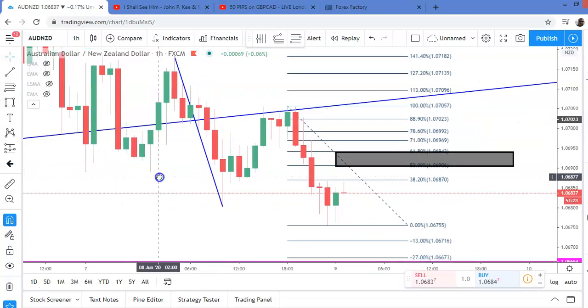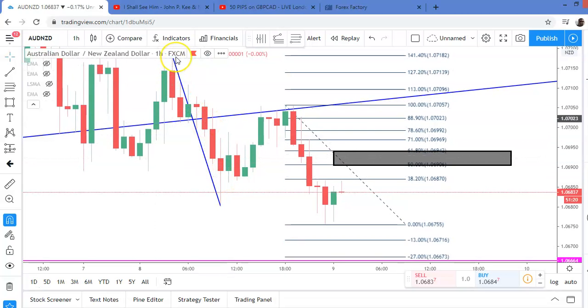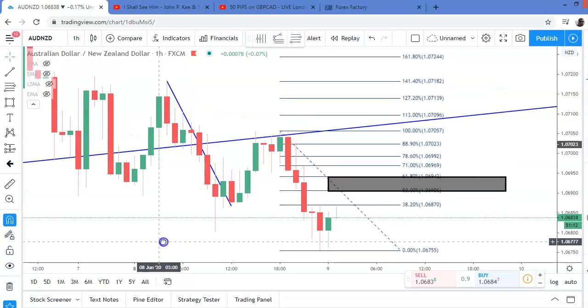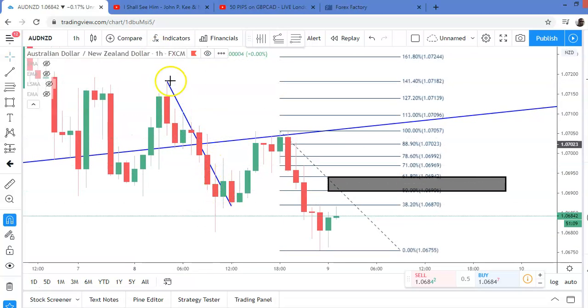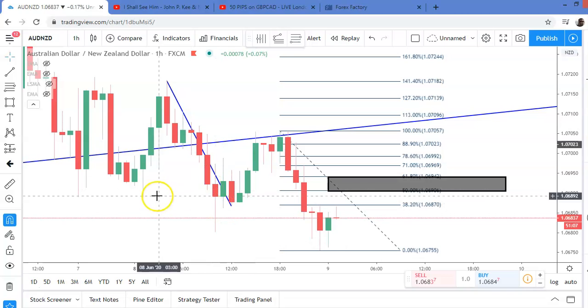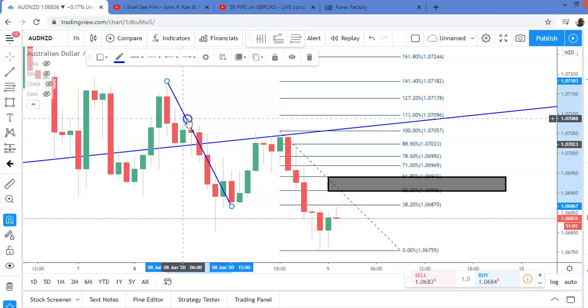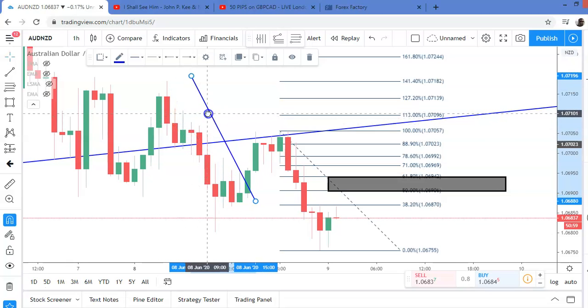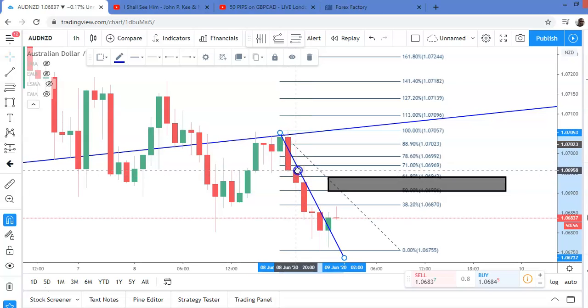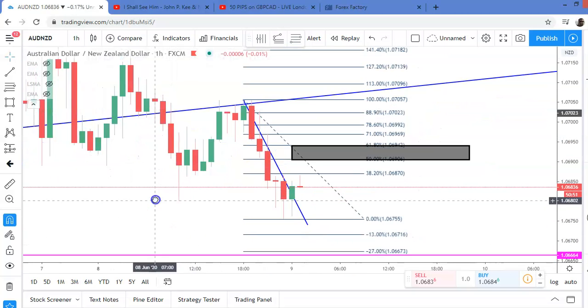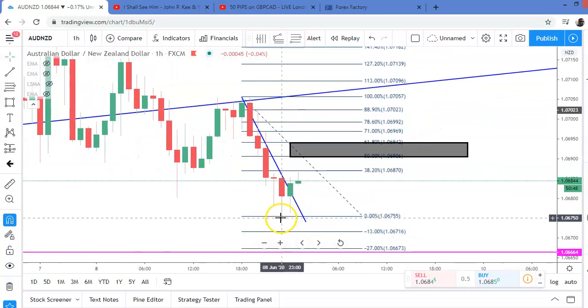But also, just another trick that you can use is to take the length of the previous descent down of candles. Take that, use your tool and measure. And so this was at about the same level, maybe just a little bit less.